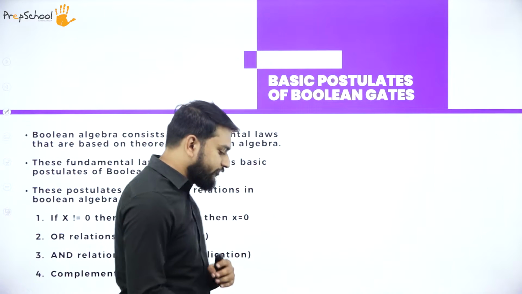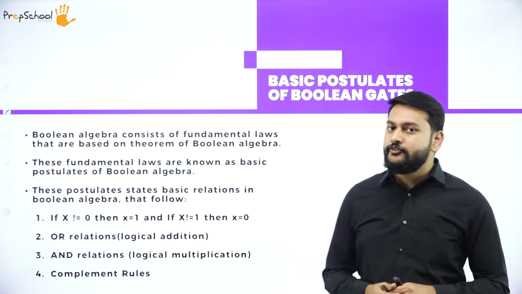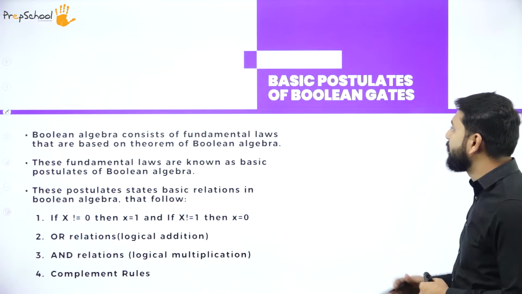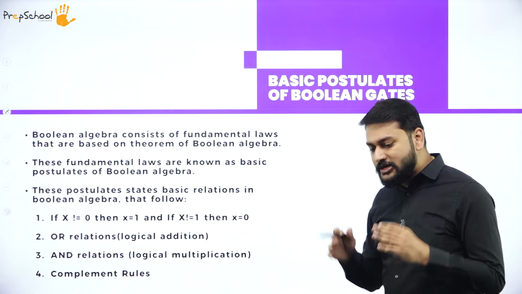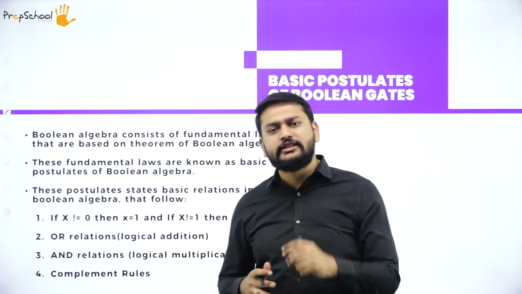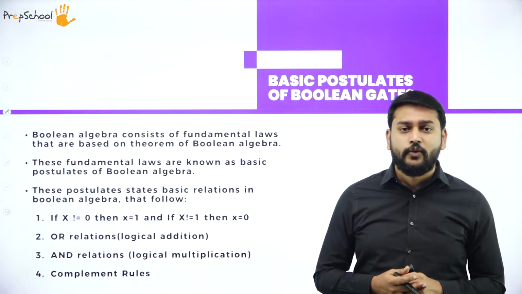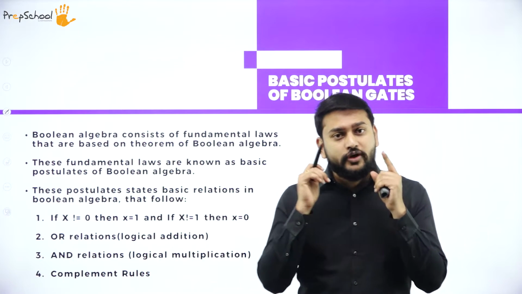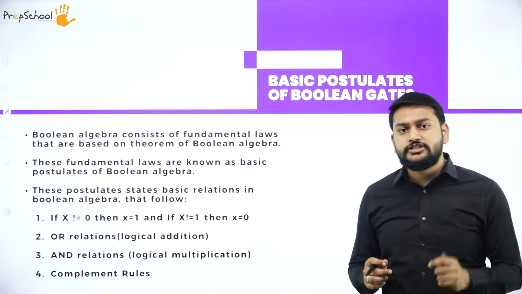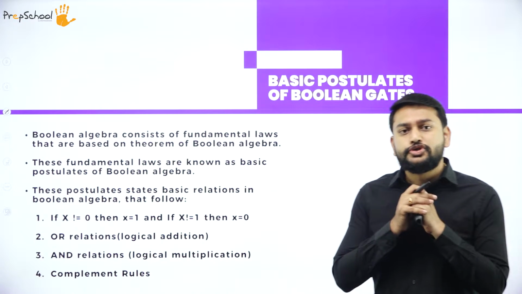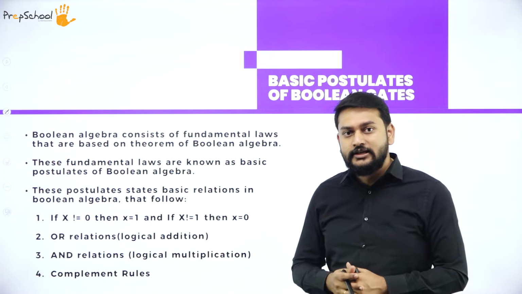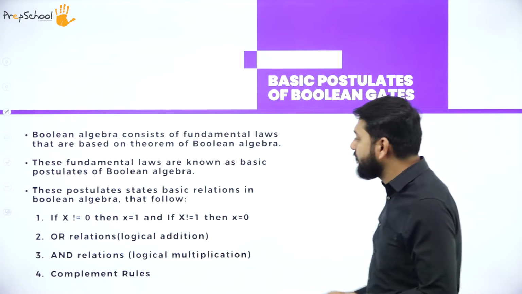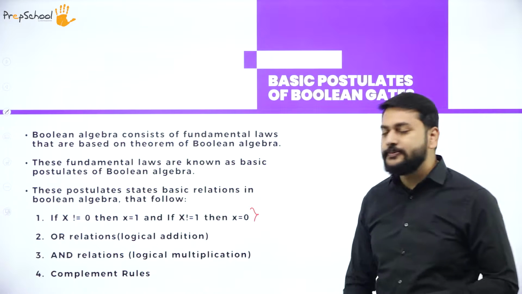Alright, so I have the first topic for the day, that is the basic postulates of Boolean algebra. Whenever I'm discussing this, or whenever you are reading the basic postulates, there are 4 important postulates you should never forget. What are those 4 important postulates? The first one that I have here is this.